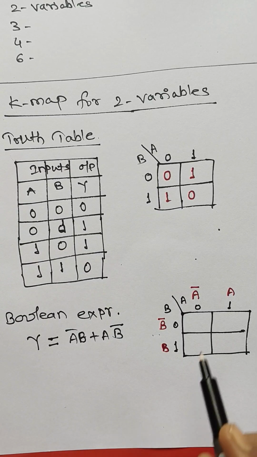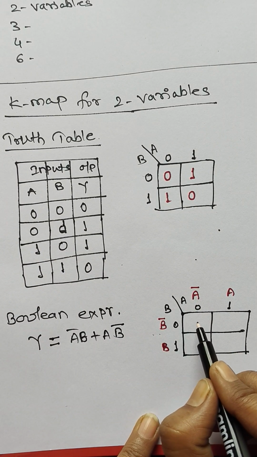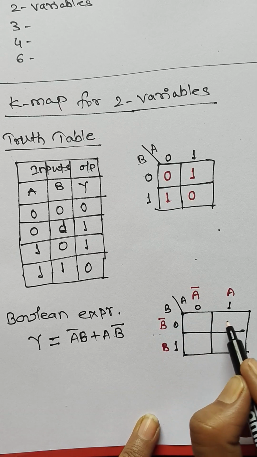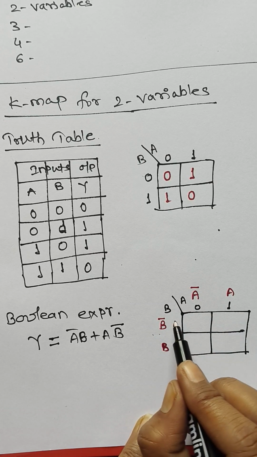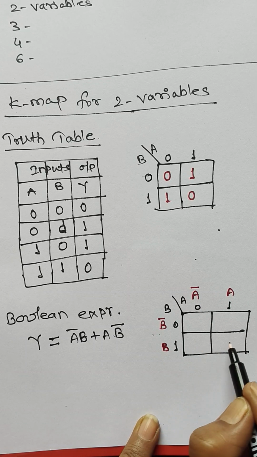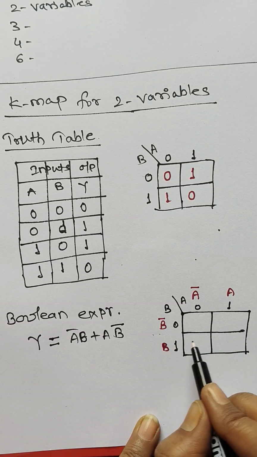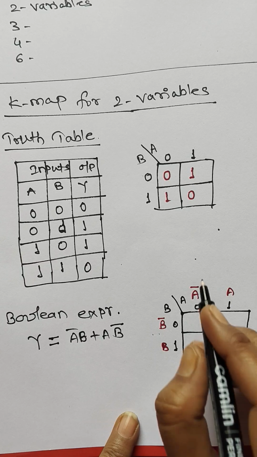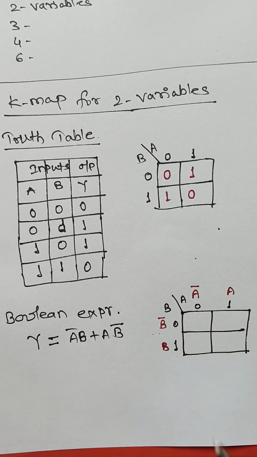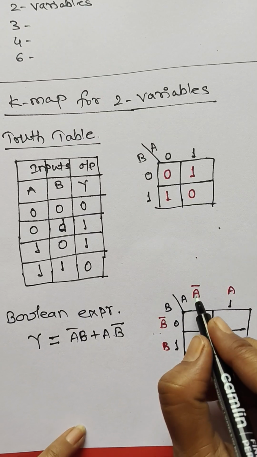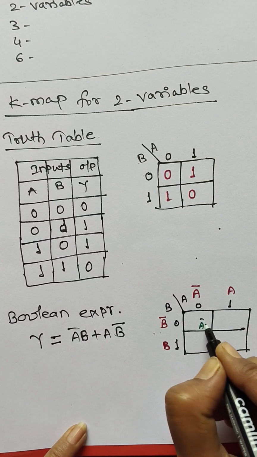Now you can check, this box is related with A bar B bar. This box is related with A B bar. This box is related with A bar B, and this box is related with A B. Okay, so I will write it here. First box is related with A bar B bar.